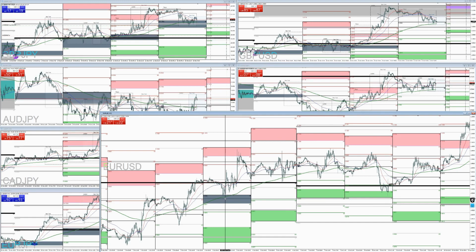And this would have been good for, according to this, my target is right in here. This would have been good for 82 pips. Now, the way I work my targets, just as a refresher, is if it's a normal size pivot range, like this one right here, my target is going to be the top end of the range, or weekly target zone, whichever one comes first.